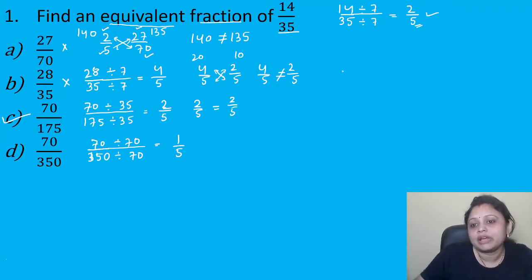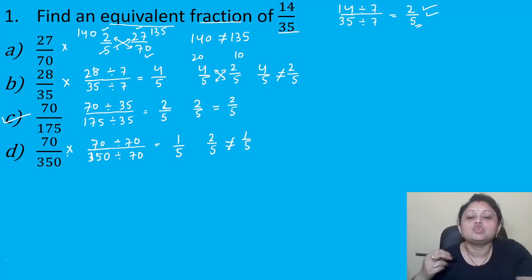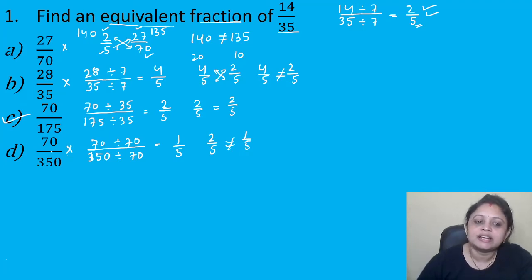And we have to compare it with 2 by 5. Yes, so we can clearly say that 2 by 5 is not equal to 1 by 5. That's why it is not the answer. So the correct answer is option C, that is 70 by 175.